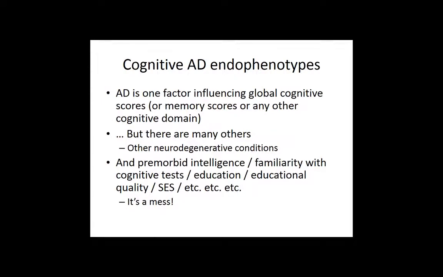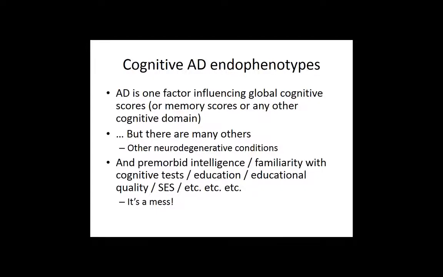Cognitive phenotypes. So Alzheimer's disease is absolutely something that impacts global cognition. There's no question. Global cognition among people with Alzheimer's disease is worse than people who don't have Alzheimer's disease on average. But there's a lot of other things that affect a global cognitive score. A lot of other things. And that's been the focus of this conference in previous years over and over again.